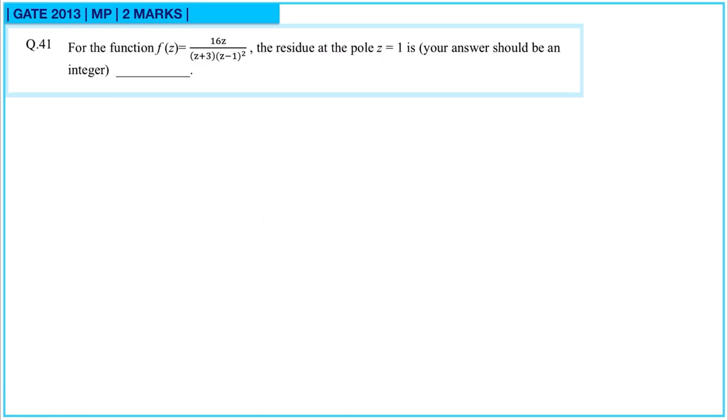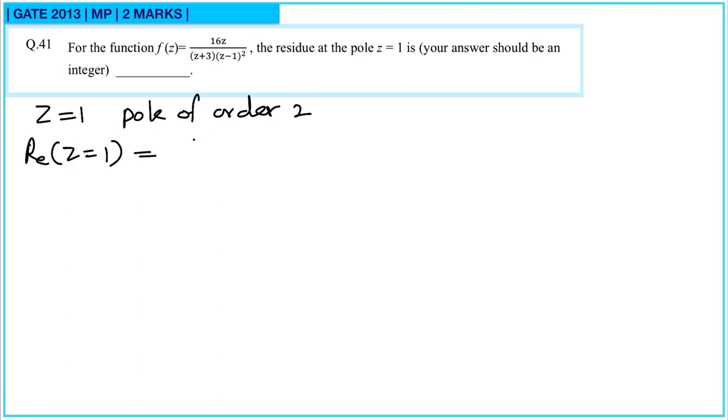Next question. For the function f of z equals 16z upon z plus 3 into z minus 1 whole square, the residue at the pole z is equal to 1 is. Now z is equal to 1 is a pole of order 2. So the residue at z is equal to 1, the formula is this.